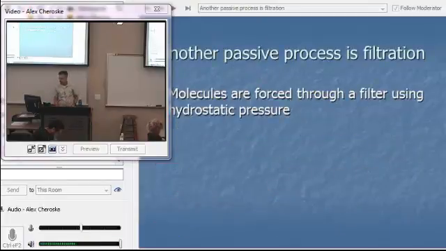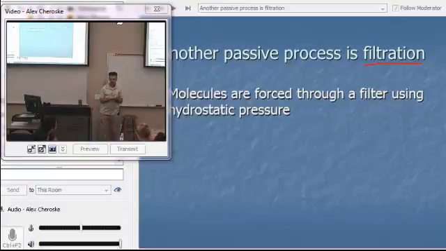Now, one other type of movement across the membrane that we'll hear about when we get to the urinary system again is filtration. Filtration is not about concentration gradient like we were talking about before, but about fluid pressure. If you think about coffee, it's made with a filter, right?